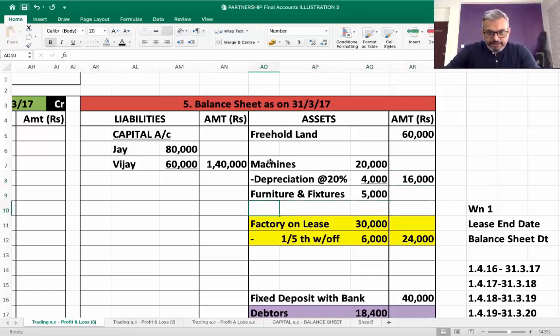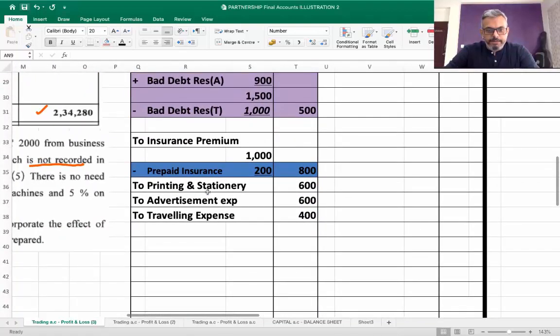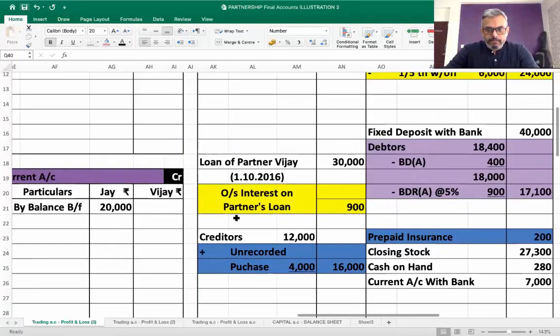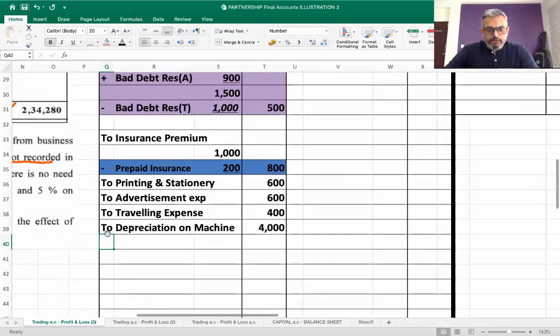We give the second effect of this first before we forget. Profit and loss account, debit side, to depreciation on machine 4,000.